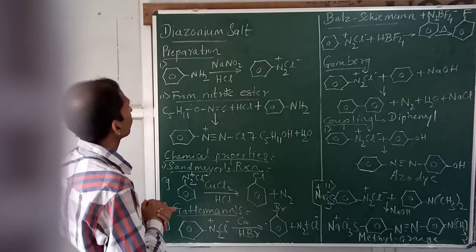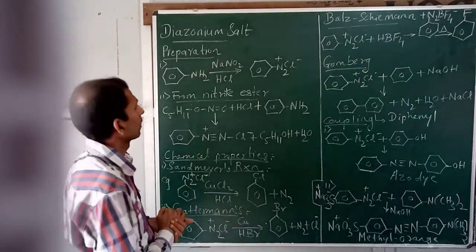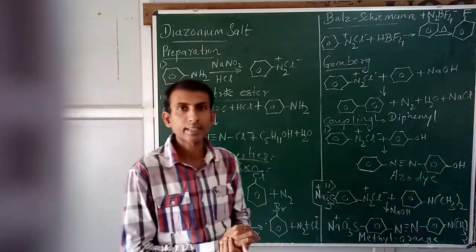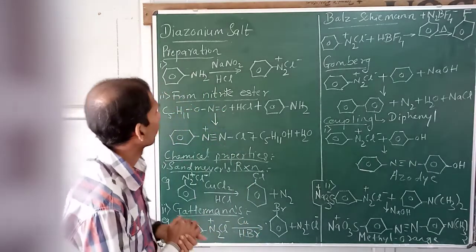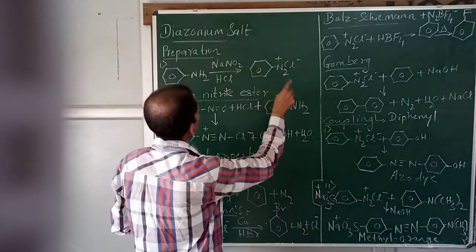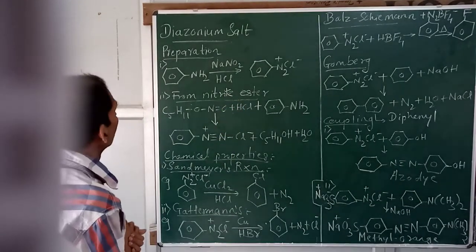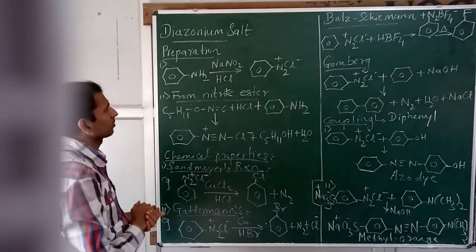If you carry out the diazotization reaction for aniline in the presence of sodium nitrite and HCl, the compound which will be obtained is our required product, that is diazonium salt. So, a very simple method.